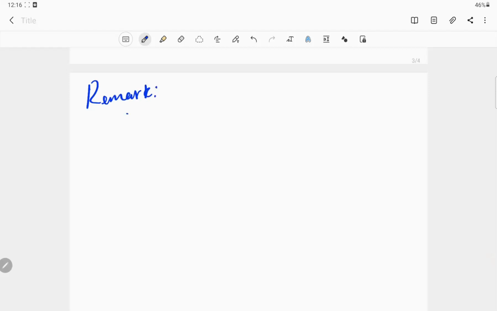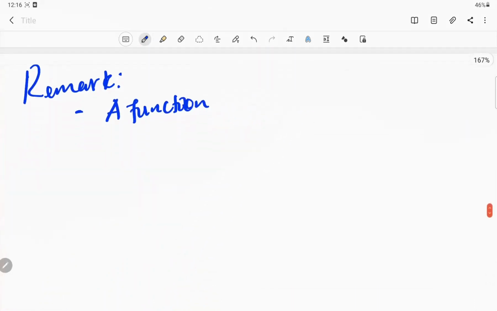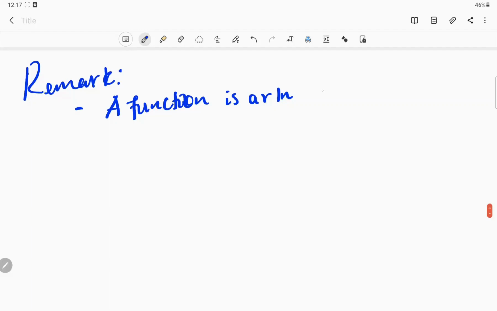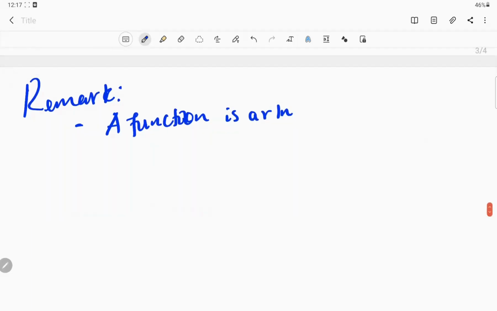Now we know that a function is a relation. This comes from the definition.